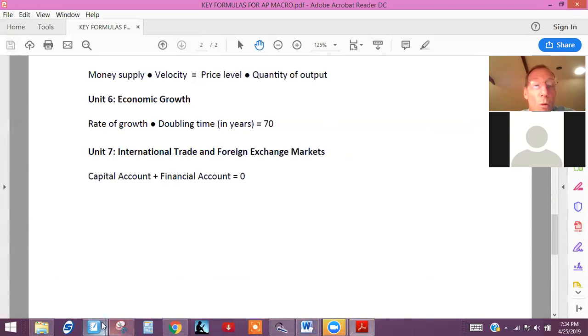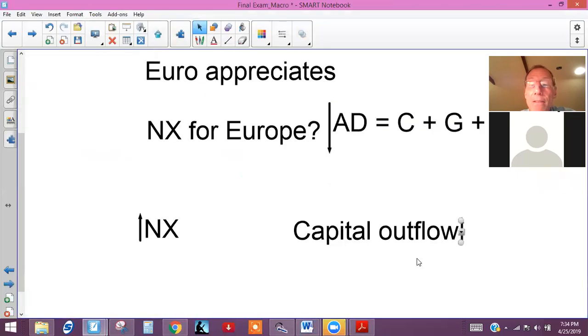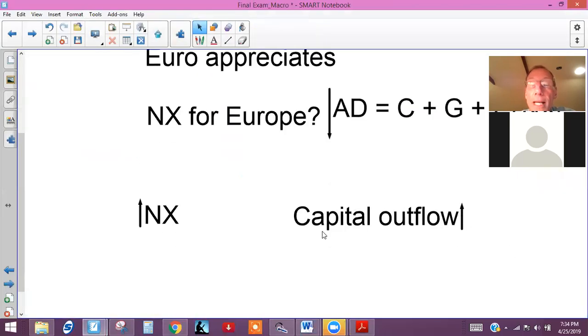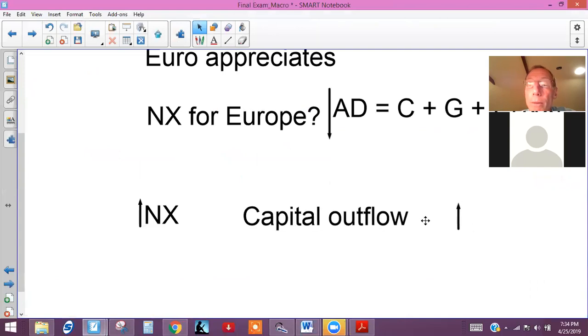So when you look at this, if net exports are going up, capital is flowing out of the country, which means our capital account or financial account is losing. We're losing capital out of the country, but our current account, our trade balance, the difference between our exports and our imports, is going up, because net exports is exports minus imports.